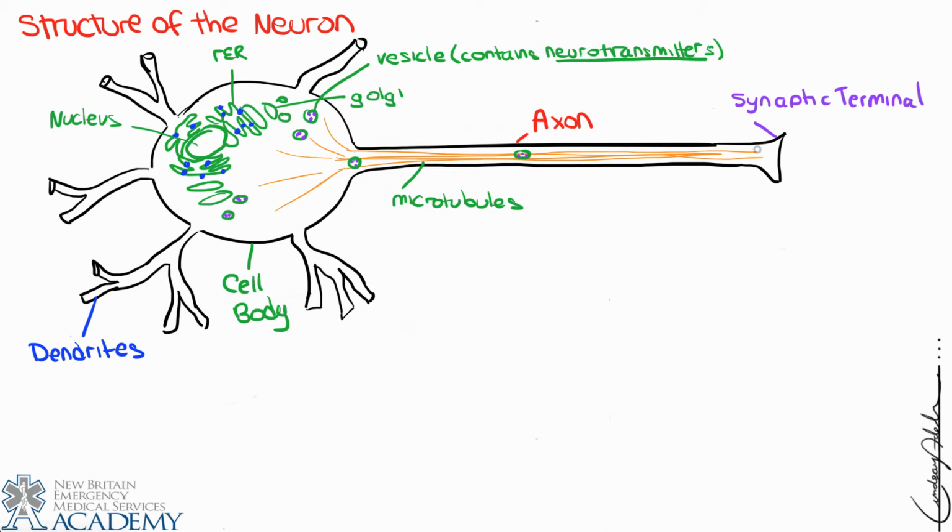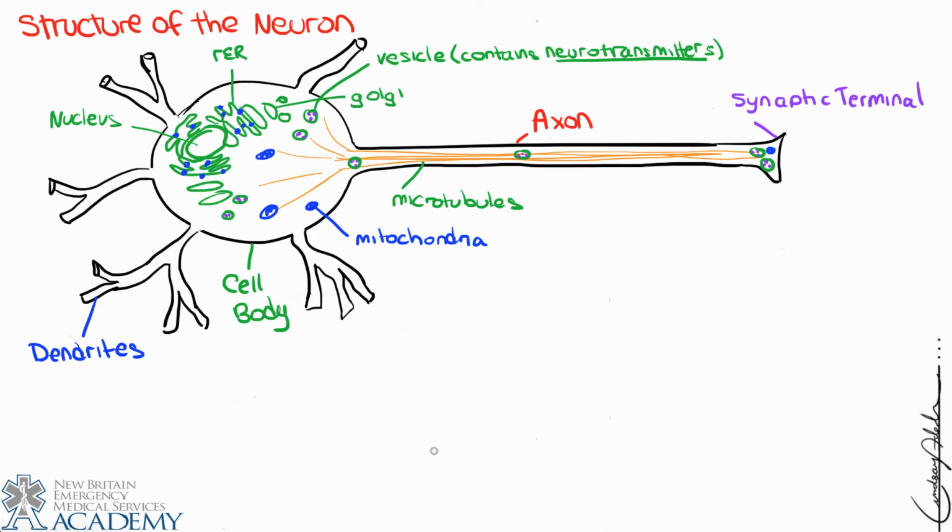It's almost like the vesicle is sitting on top of these little feet, and the feet walk the vesicle all the way down to the synaptic terminal. The vesicles containing the neurotransmitters hang out in the synaptic terminal until there's an appropriate stimulus to cause exocytosis. We also have mitochondria, of course, because this cell looks like it's pretty busy, so it's going to need a vast supply of ATP.